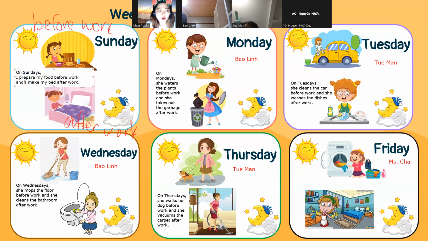So that's why we don't say I prepares. That is grammatically wrong. In this case, we use the base form. On the other hand, on Fridays, I do the laundry and I clean my room. So that's it for this activity.